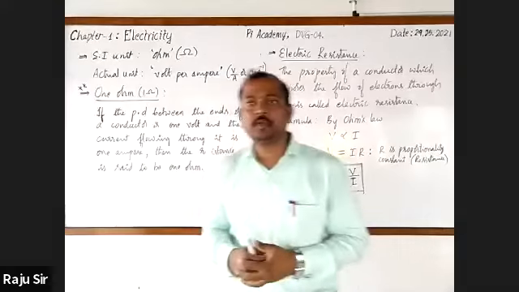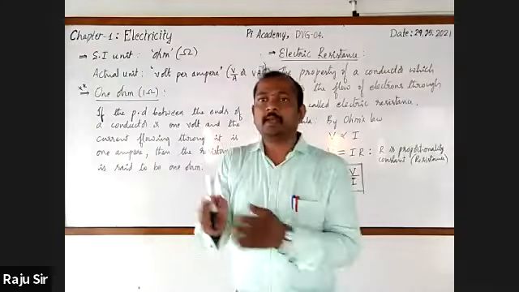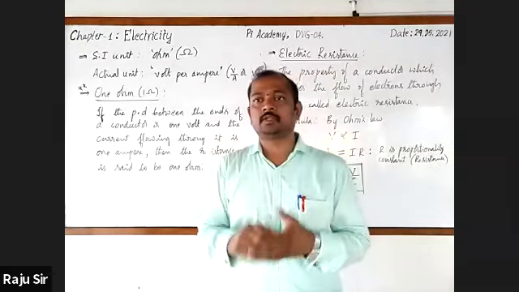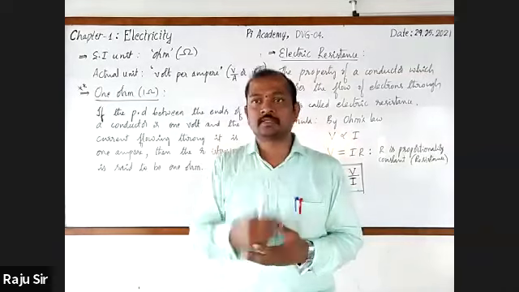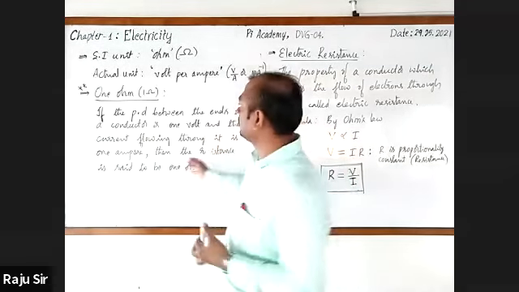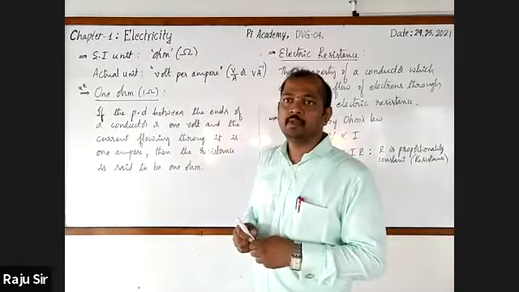You can also define this in another way. If 1 ampere of electric current flows through the conductor, in which the potential difference across the conductor is 1 volt, then the resistance offered by the conductor is said to be 1 ohm.